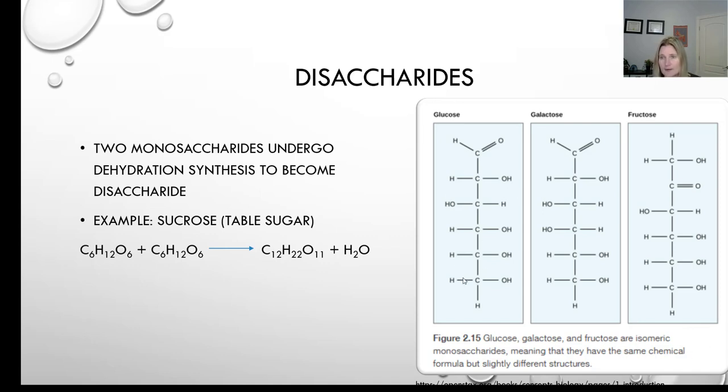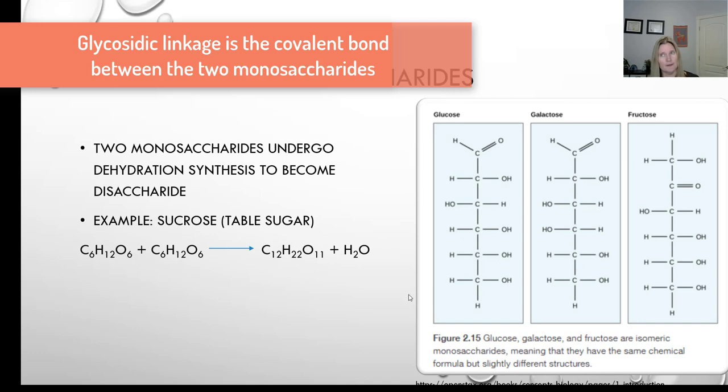So let's take a look over here. In this case, we have the OH from glucose removed and it binds with the H of this fructose, okay? And in doing so, now these 2 molecules, these carbons, will link together in a covalent bond. In this case, it's a type of covalent bond known as a glycosidic linkage, but that gets into the fancy words you probably don't need to know.